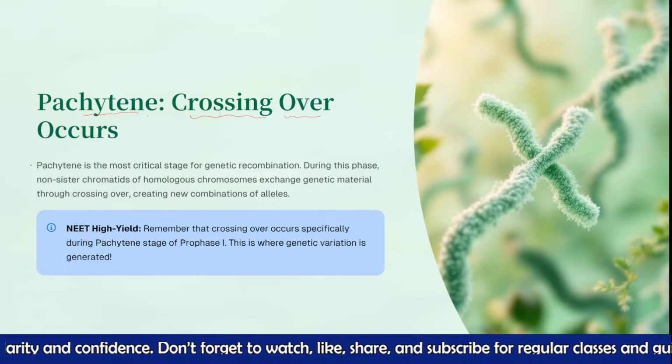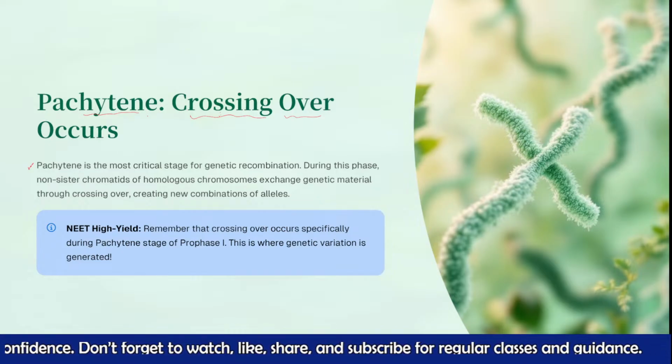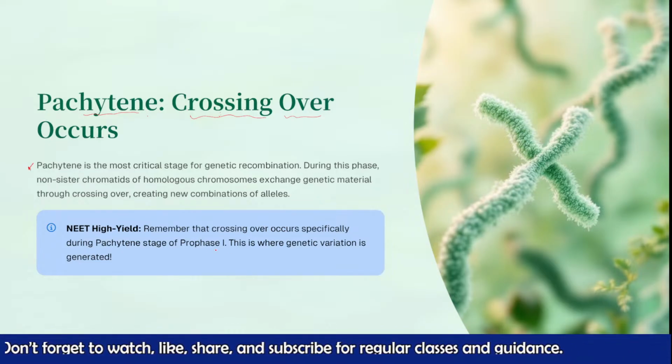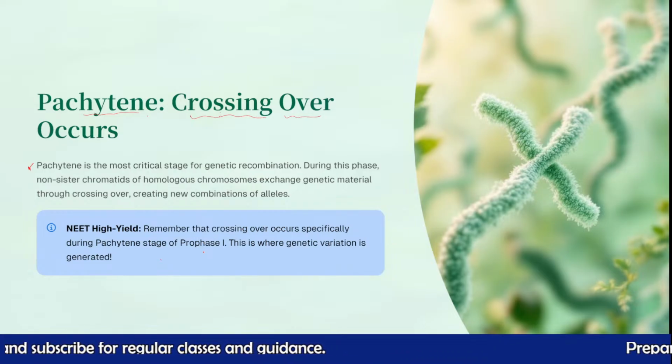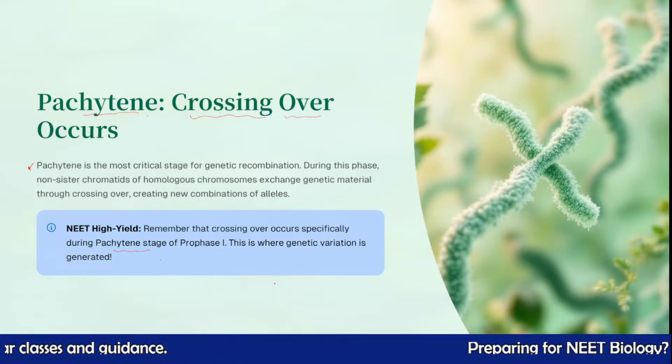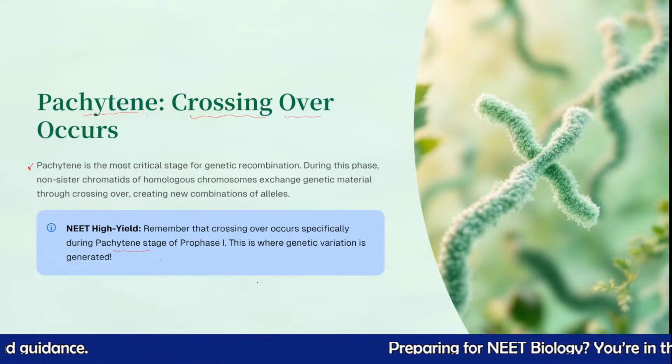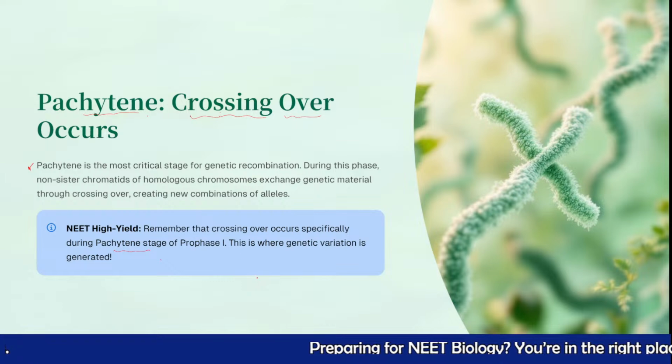This is another important question, especially in previous competitive exams: in which stage does crossing over occur? That is the pachytene stage. In that stage genetic variation is also generated.